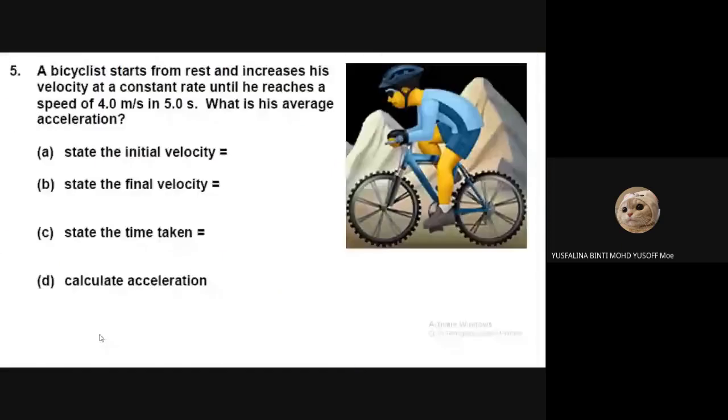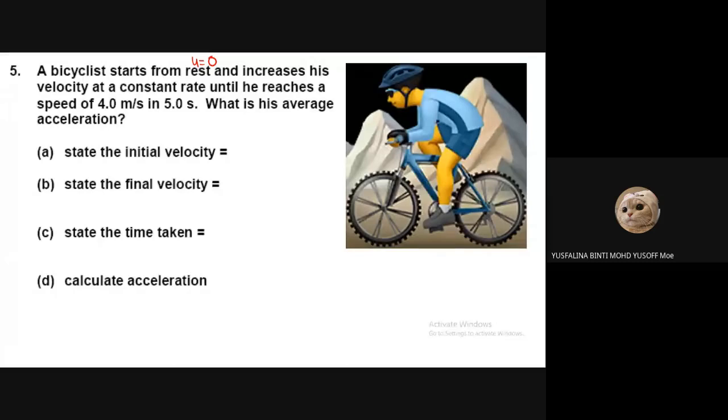Let's say for this question, a bicyclist starts from rest. From rest means its initial velocity U is 0. He increases his velocity at a constant rate until he reaches a speed of 4 meters per second.